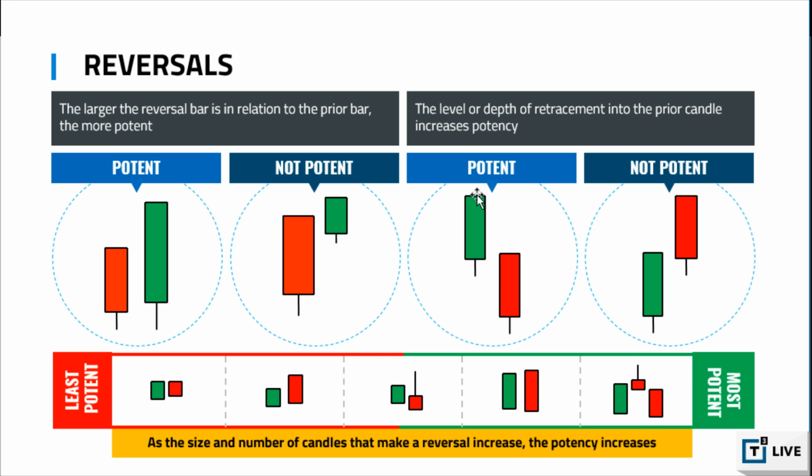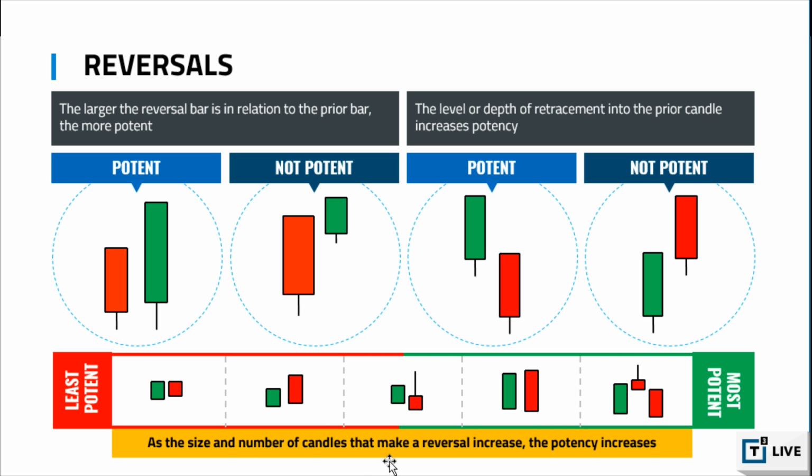We reversed the entire bar, about a 200% reversal. It wasn't a 50% reversal or a 25% reversal, right? It was a complete negation plus more. In the case of the last circle here, notice we started to reverse the green bar, but we only reversed a little bit of it, so not so potent.